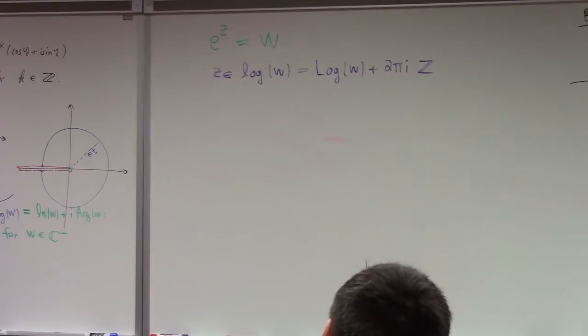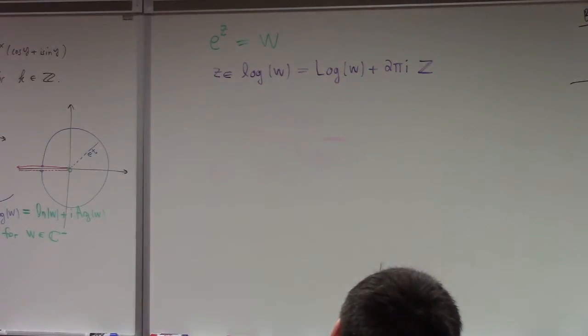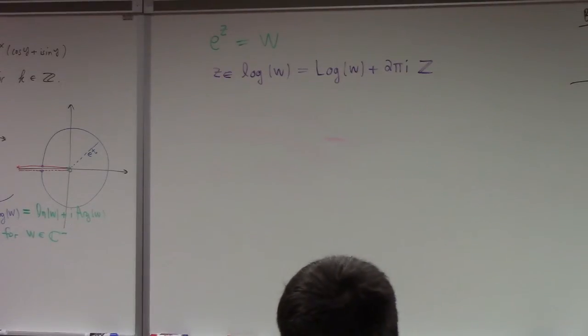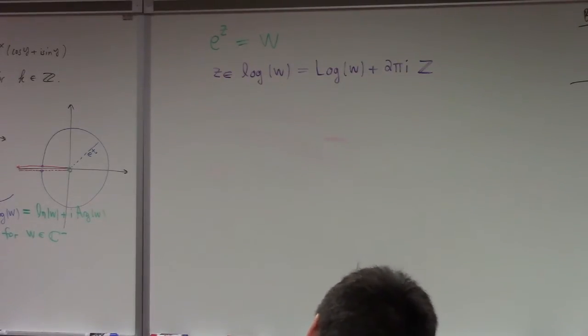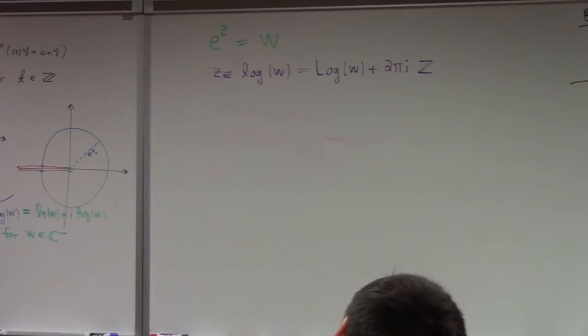And that ultimately goes back to the periodicity of the exponential. Because what this is saying is that this point, and this point, and this point, and this point, and you get the idea, they're all, suppose this is 4, all of these are mapping to e to the 4.